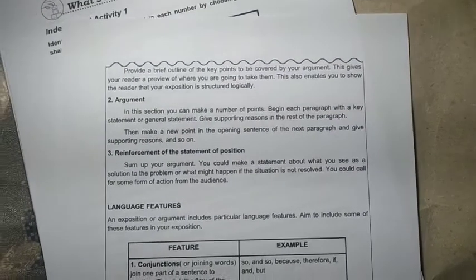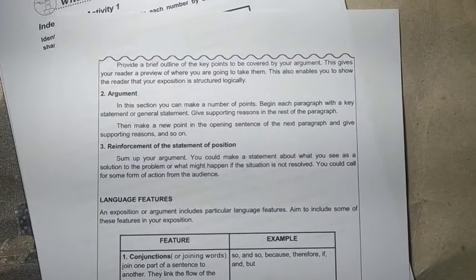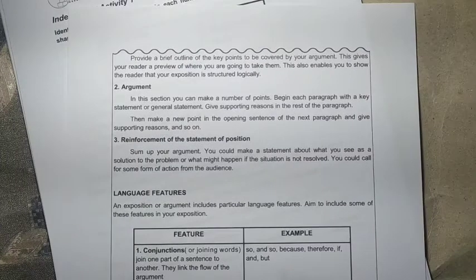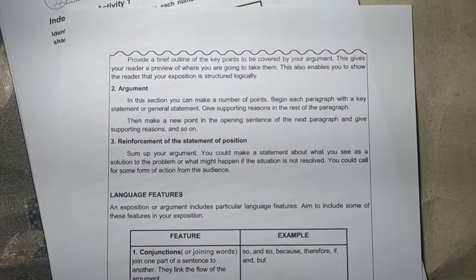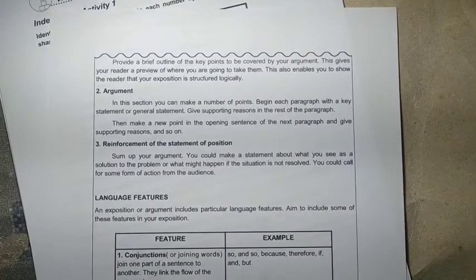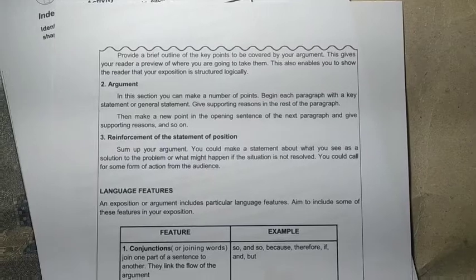Then the third one will be the reinforcement, or what they should do, what they should not do after reading that. What are the consequences if they do it? Then what are the benefits if they do it? So you will emphasize for them to really be affected by what they are reading.